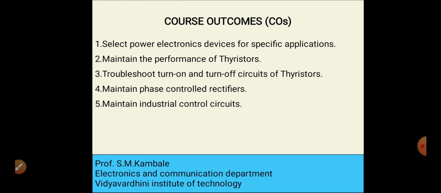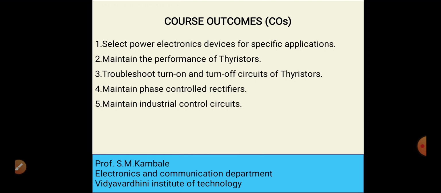Now the fourth CO is maintain phase controlled rectifier, which is related to unit number 4, phase controlled rectifier. We have already learned about the rectifier. A rectifier is a device which converts AC into DC, but this DC is fixed DC, not variable DC, because in the uncontrolled rectifier a diode is used, and the diode does not control the output.